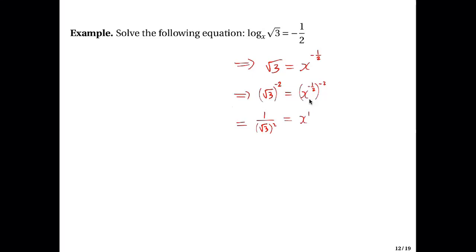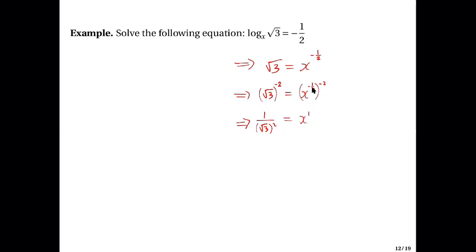So question, why is it negative 2? Because I know that if I multiply negative 2 to negative 1/2, it will give me positive 1. And therefore, I'll only get x. Okay? So basically, you raise this guy here to the reciprocal of the current power of x.